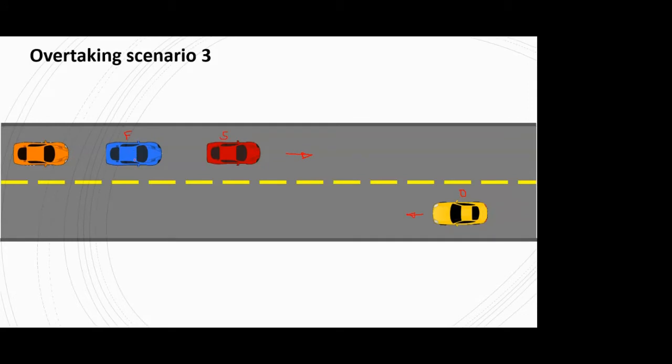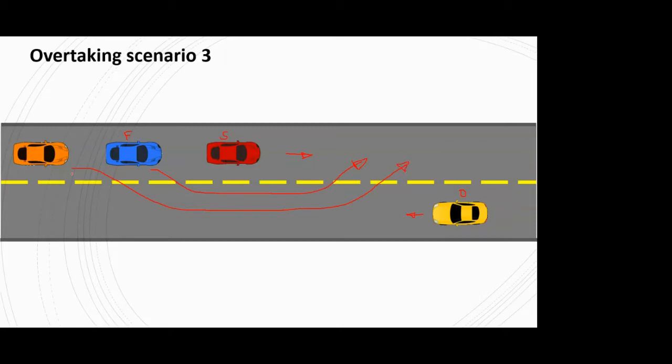Many times this also happens, or this might have happened with some of you, that this blue vehicle is going to overtake your red vehicle. But in that scenario, this orange vehicle might also try to overtake. So there can be a chance of double overtaking as well.